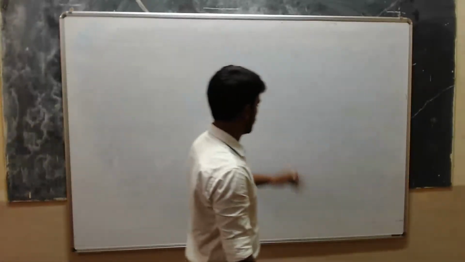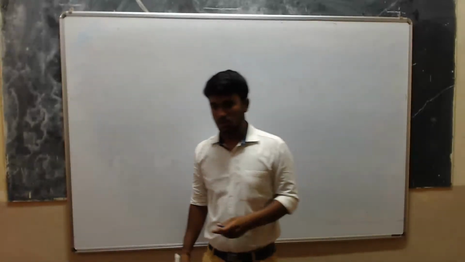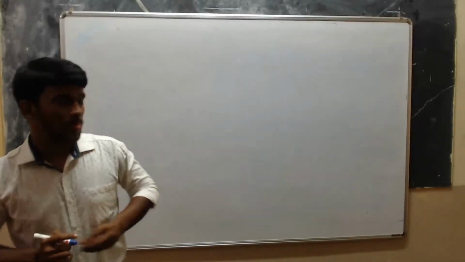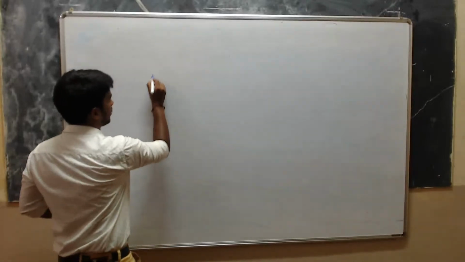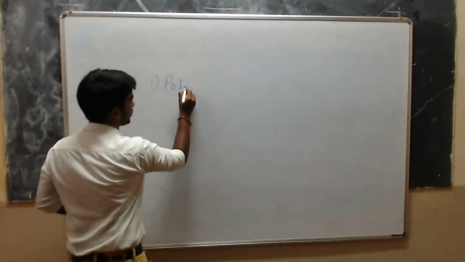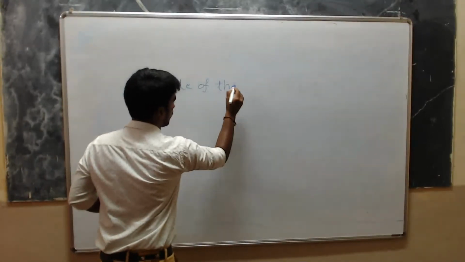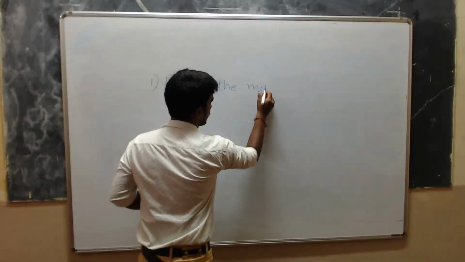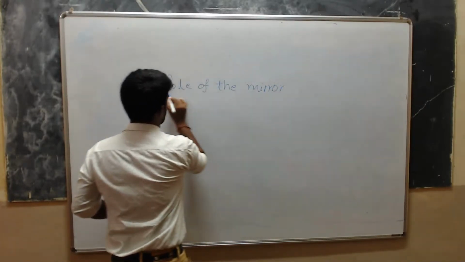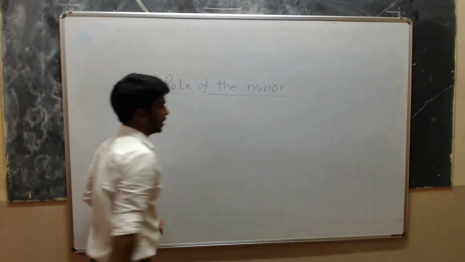Before moving on to the reflection of light in concave mirror and convex mirror, we should know a few terms. First one, pole of the mirror.